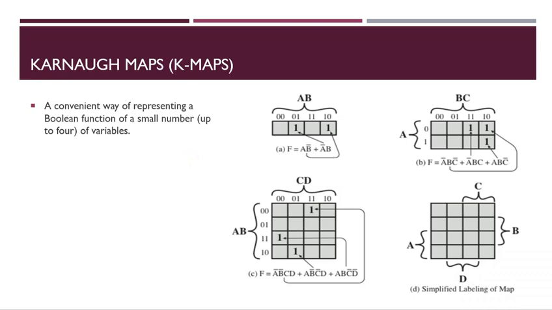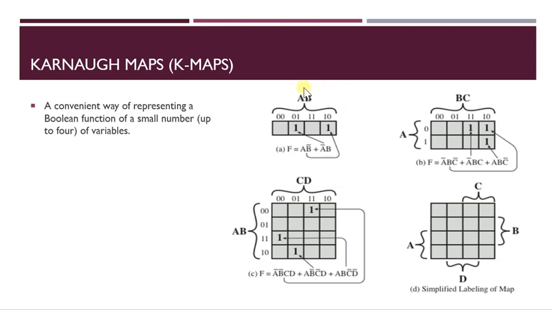A K-map consists of a different number of cells, and this number of cells depends on the number of variables. The number of cells is 2 power of n, whereby n is the number of variables.